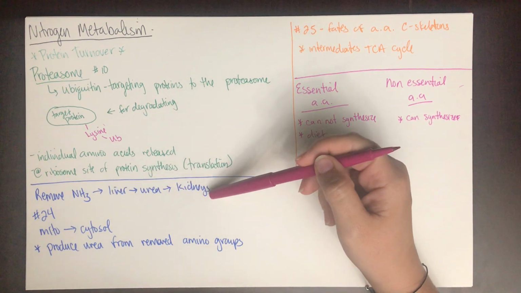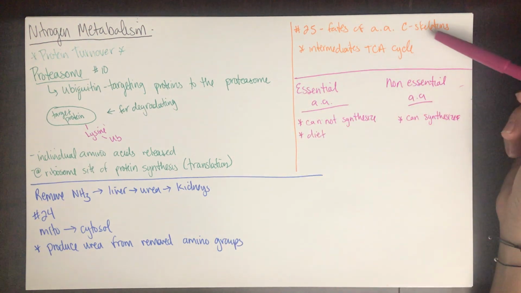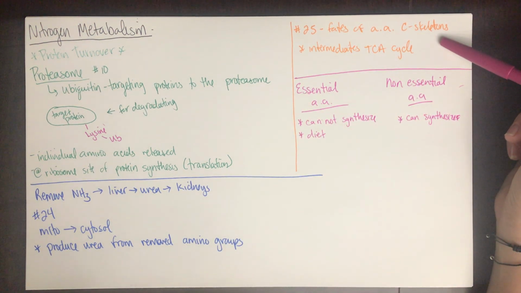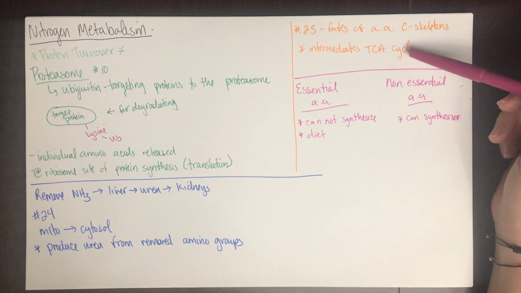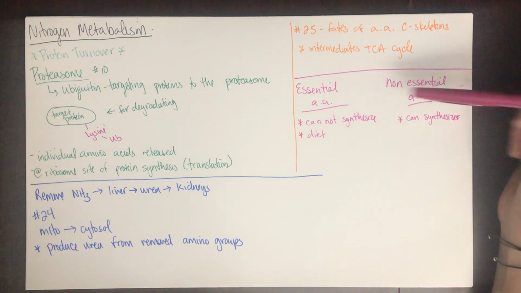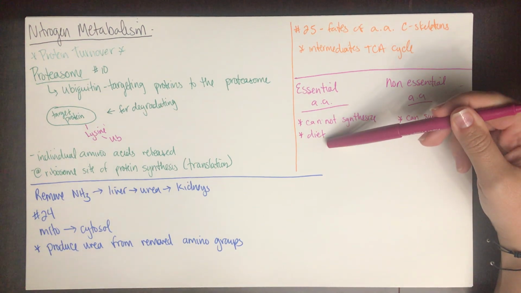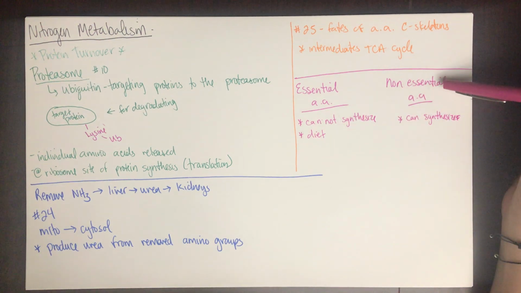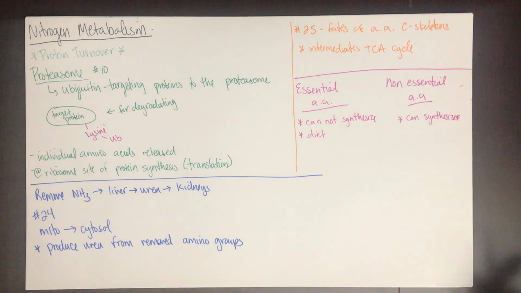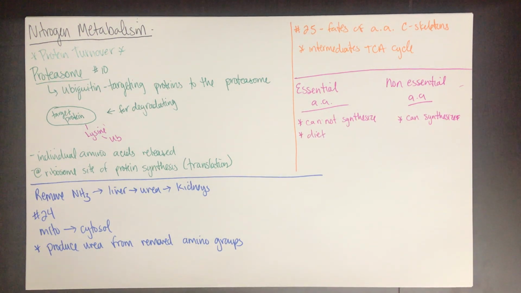We excrete it through urine, through our kidneys, and the carbon skeletons of those amino acids can then be fed in as intermediates on the TCA cycle, and essential amino acids cannot be synthesized, so we have to get them from our diet. Non-essential amino acids are just as important as the essential amino acids. We just have enzymes that we can biosynthesize them ourselves.